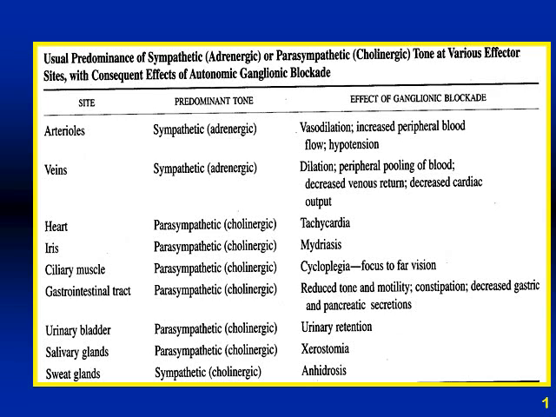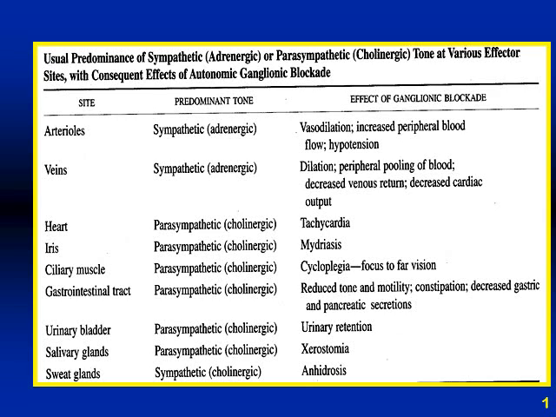We have what we call the predominant tone, or the predominant innervation, where on this table we see arterioles and veins are predominantly innervated sympathetically. And so that will, when those adrenergic receptors are stimulated, cause vasoconstriction.